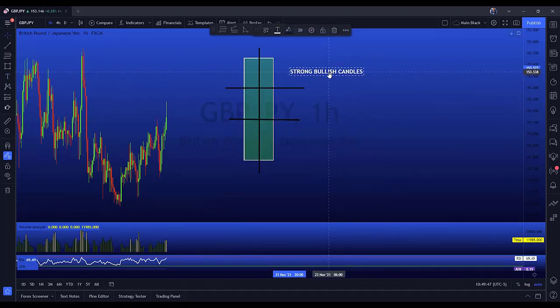It is a positive sign for buyers because price was able to push and close at the top of the range. Remember, the wick represents the highest part. This candle was able to close almost near the session highs.